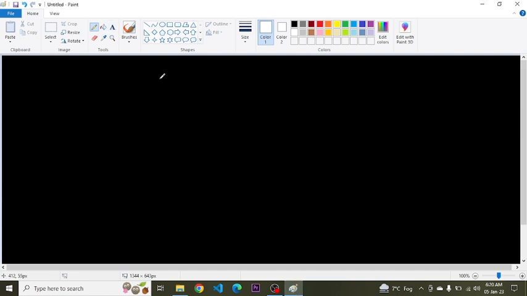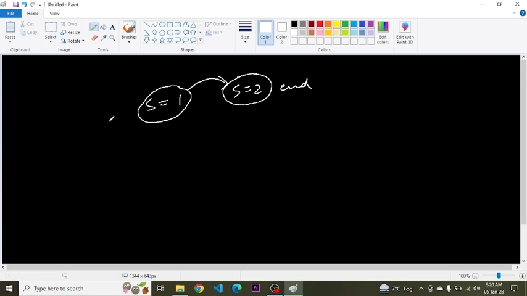Here we have an example. We will go to state 2, the end, and this is the starting one, and one is down, this is S3, and then the final S4.